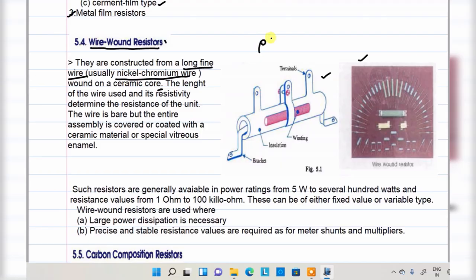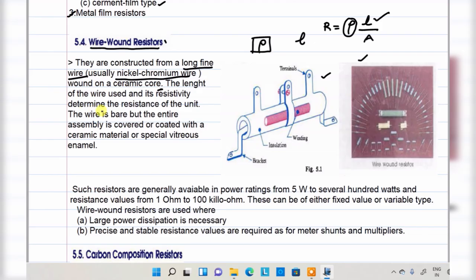Resistivity, that is rho, as well as length, because R is equal to rho L by A. So the resistance value depends upon the length of wire used as well as the specific resistance of the wire.